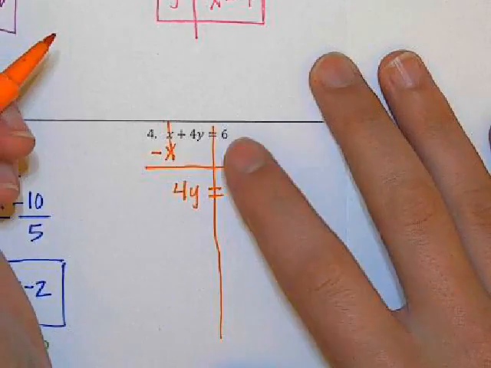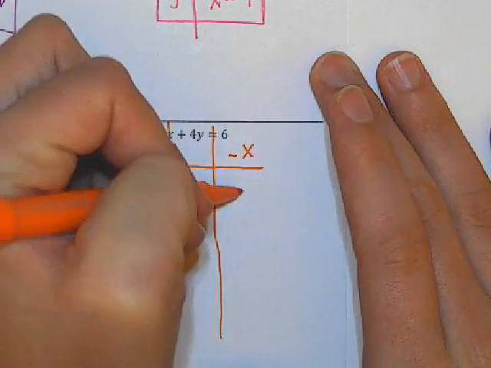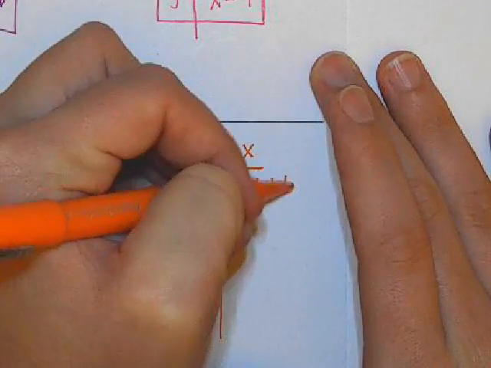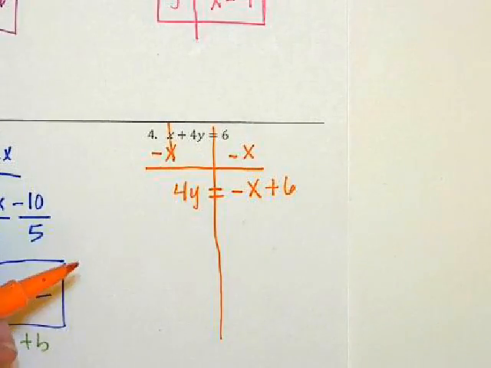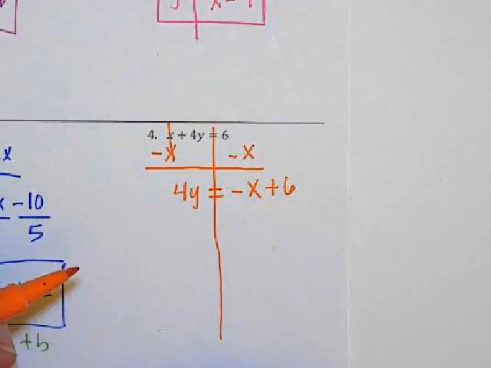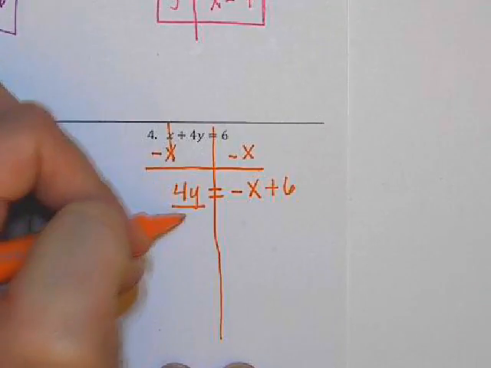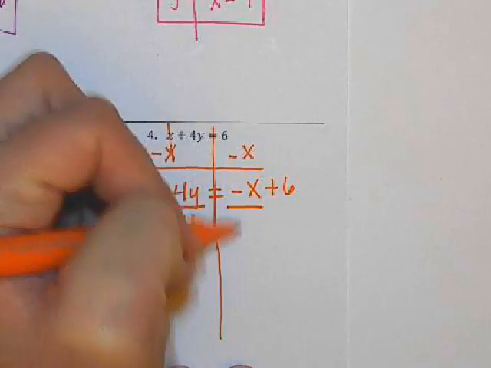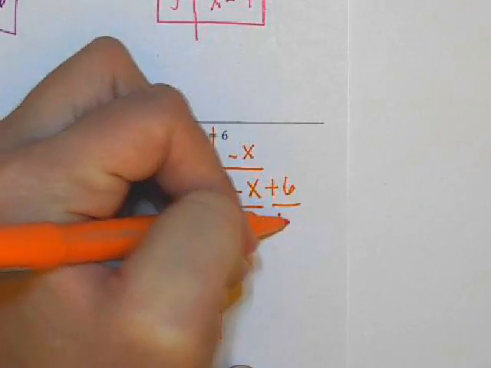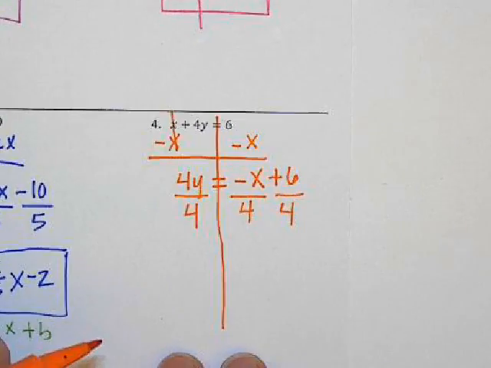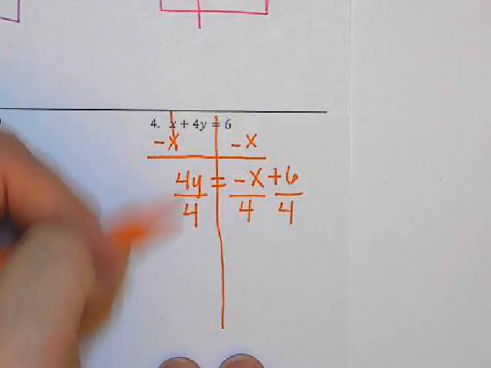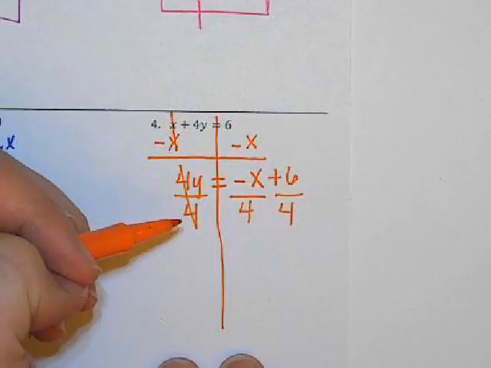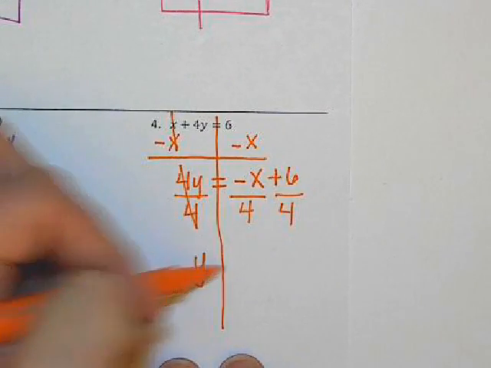How do I have to write this side? Negative x plus 6. Perfect, very good. Is y by itself? No. What do I do? Divide by 4, and if I divide one thing by 4, I divide everything. 4 over 4 gives me 1y, but I don't write the 1.